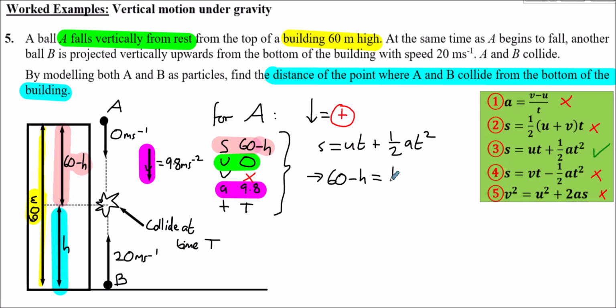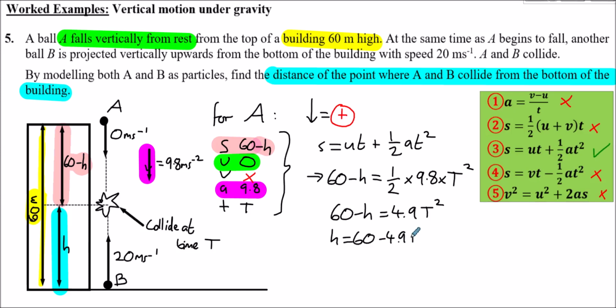And then half at squared means half multiplied by 9.8 multiplied by the time, which we've been given as t, squared. So if we now just neaten this up, we get 60 minus h equals 4.9 t squared. So in other words, rearranging in terms of h equals 60 minus 4.9 t squared. And so that's what we get for A.